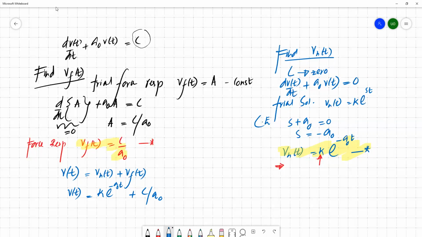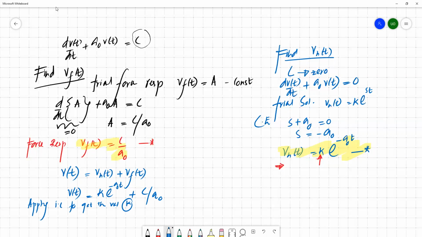Once you obtain this, you can apply the initial condition to get the value of k. You cannot evaluate the constants of the natural response while ignoring the forced response.